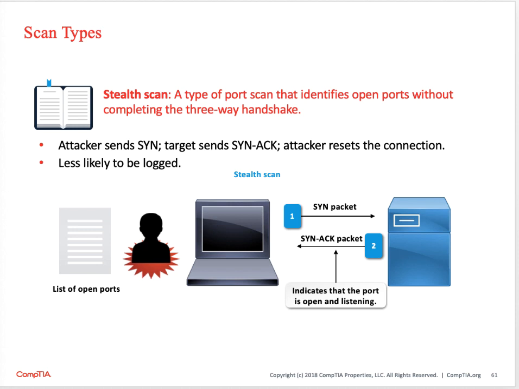But instead of sending the ACK packet back, they stop the connection from completing. That way it's less likely to be logged because it didn't complete the three-way handshake. So it probably won't be logged by the victim in this case.